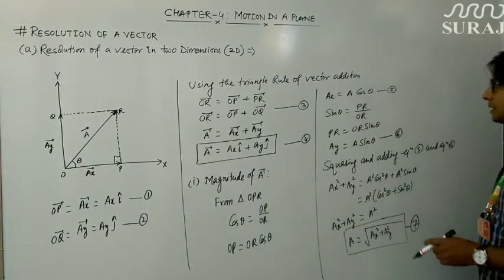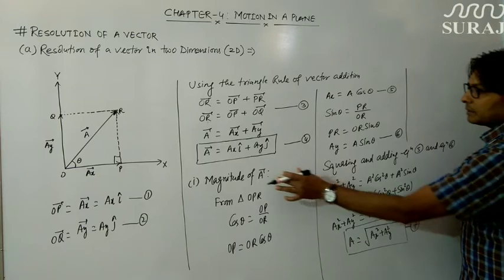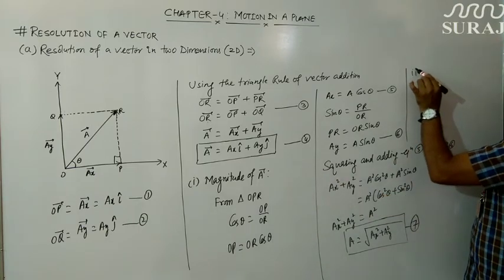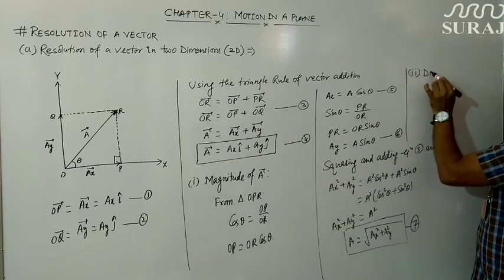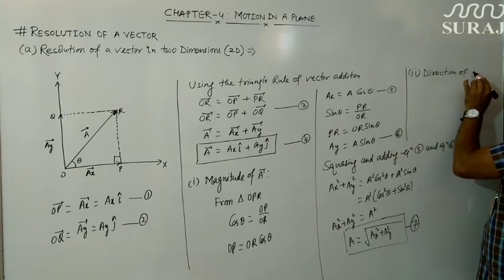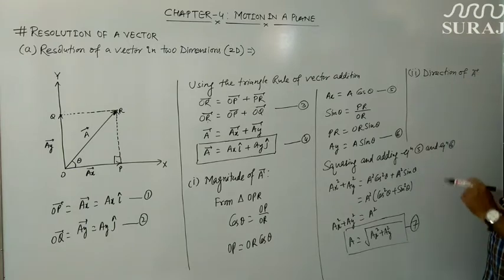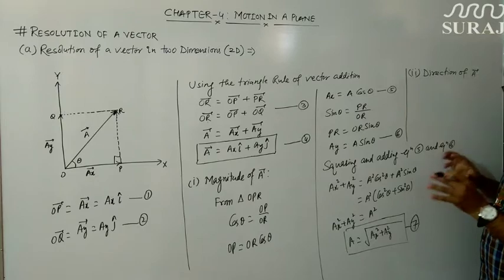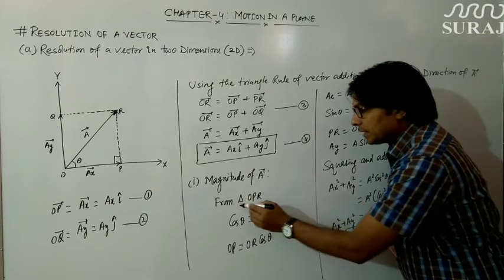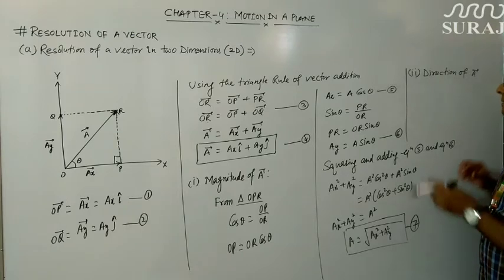So to find the direction, the second part we are discussing, direction of R vector, or which we have taken as A vector. To find the direction, we can once again use this right angle triangle OPR, but now we will consider tan theta.